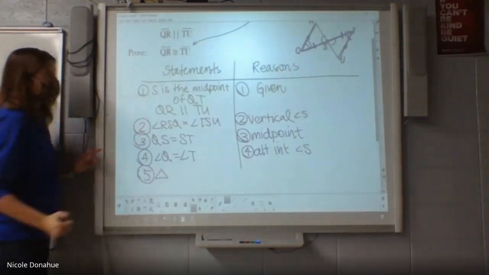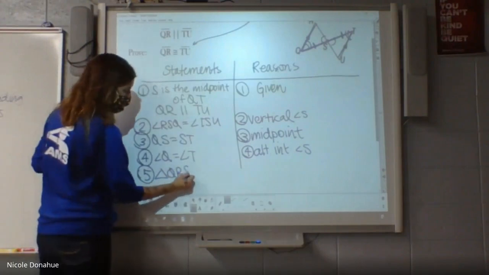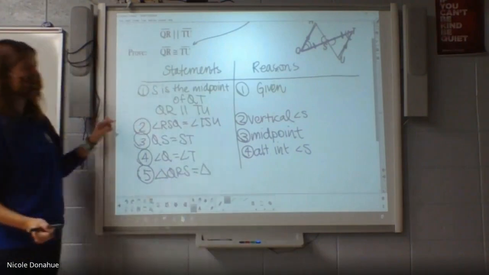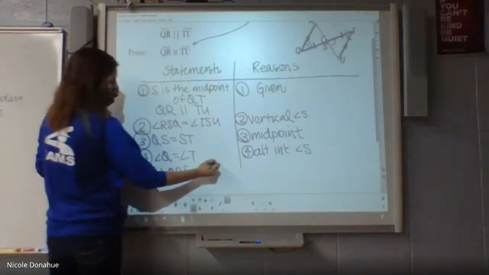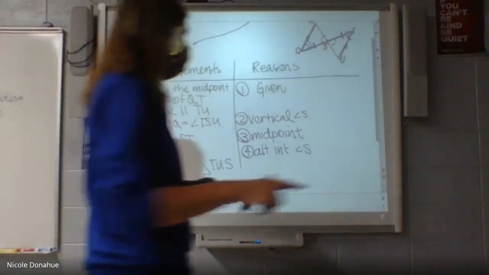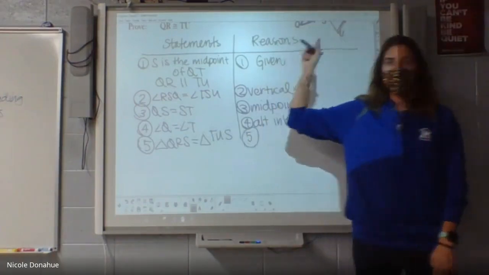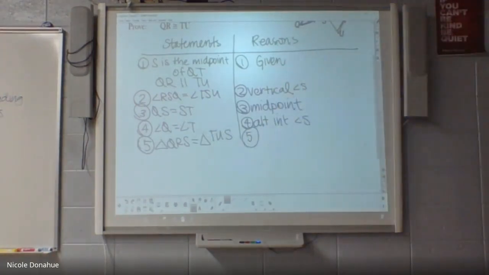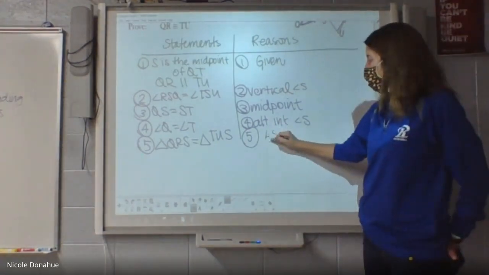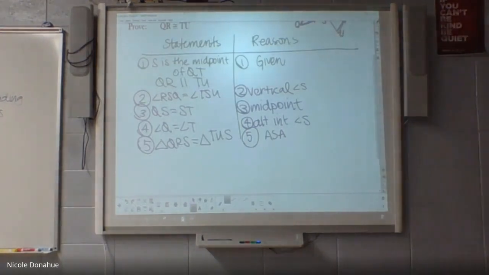So I'm going to call it QRS is equal to, now I know Q goes with T, so TUS. And what's our reason that triangles are equal? Angle, side, angle. Now, had you used those other two angles, you could have called it angle, angle, side as well. So there are options on this one.